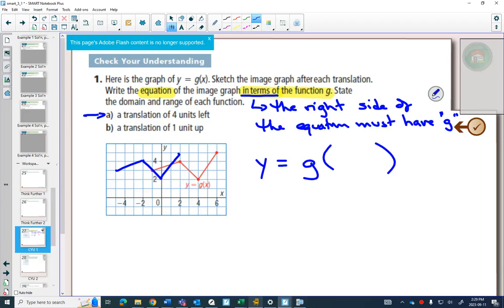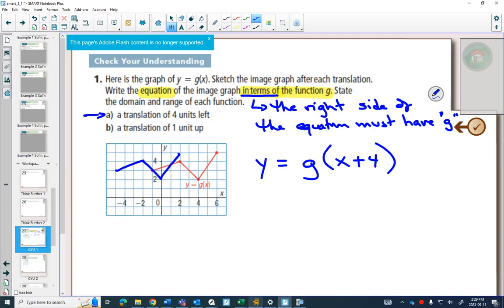Moving things left and right always happens inside the function. So I would take my original function and I would say, I want to move this 4 to the left. I show that by writing x plus 4 inside the function. So this is writing the equation of the image graph, which is our blue one, in terms of the function g.